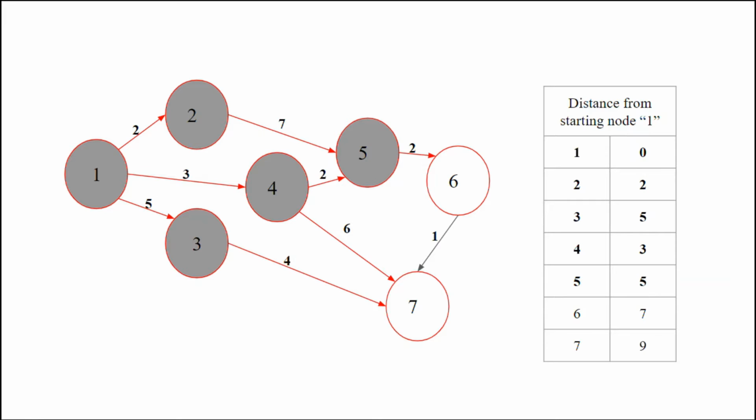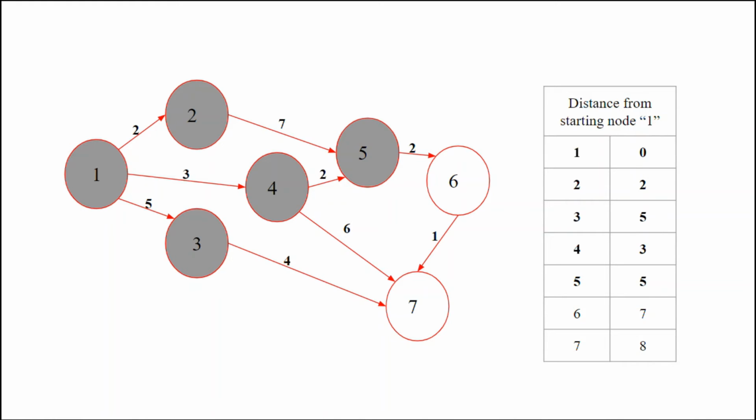The next node you go to is 6. So from 6 you go to 7, and then because the weight of that is only 1 unit, the distance from 1 to 7 has actually changed to be 8 instead of 9, because from 6 the distance was 7 and you're just adding that 1. So now the total distance from 1 to 7, the shortest distance, will be 8.